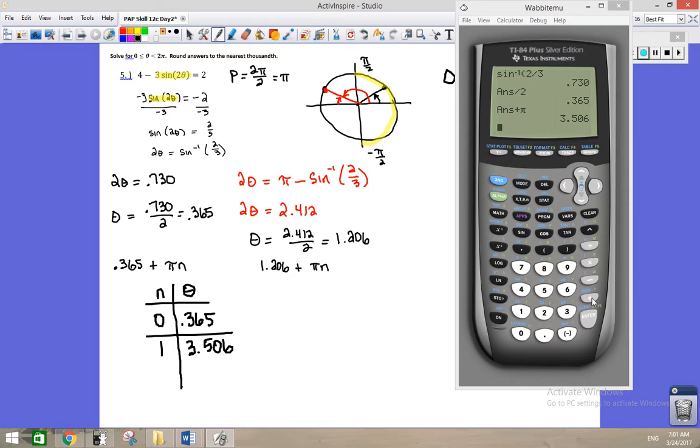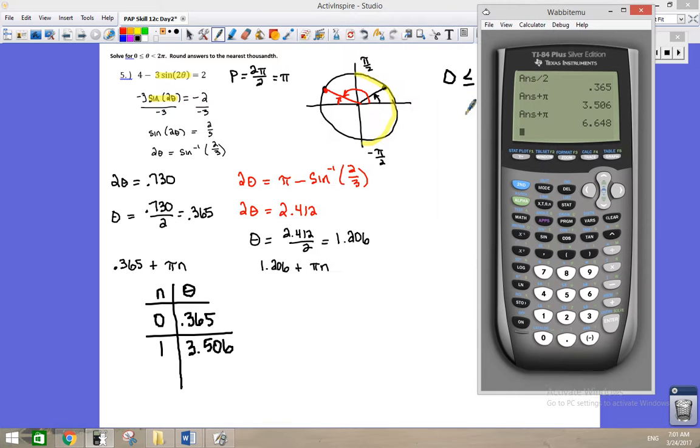If I add another pi, I'm at 6.6, which is too big. So if n is 2, this value 6.6 was too big, so I don't include that in my solution.